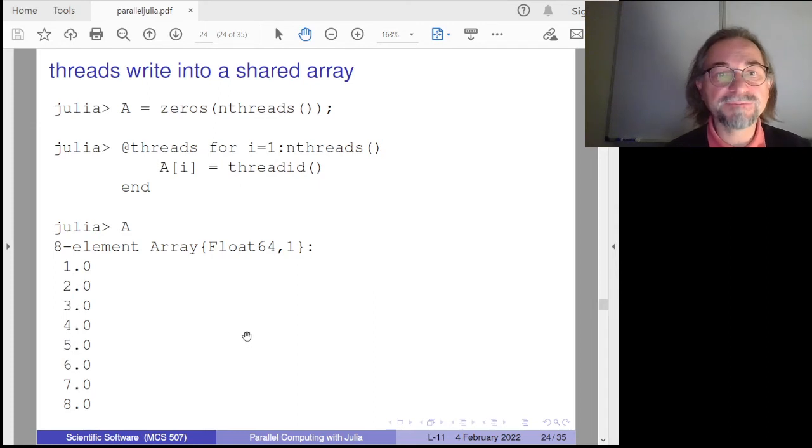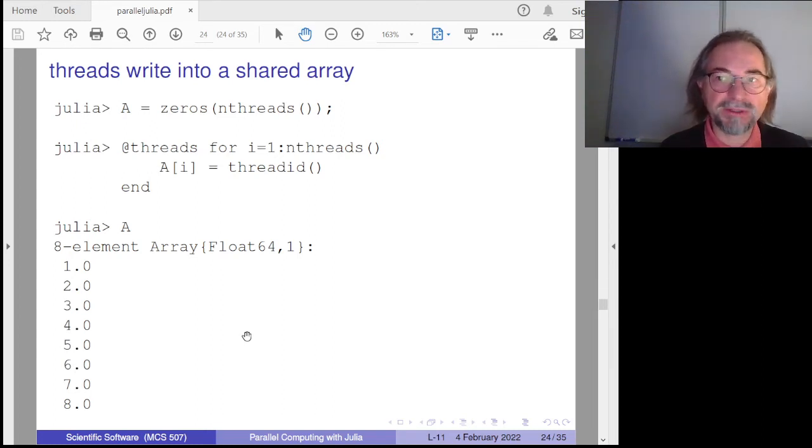We can have threads writing into a shared array. This is one mechanism by which threads can share information and report information back to the main thread. Here what every thread does is just give its thread ID.